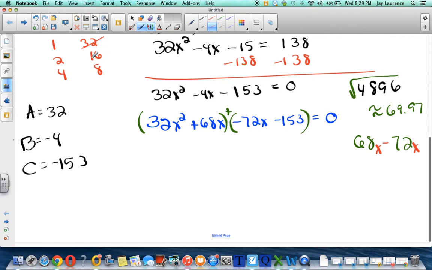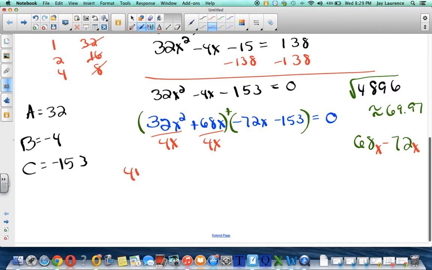No, 16 is not going to work. 8 shouldn't go into 68, 34. Wait, 8 does, doesn't it? 68 divided by 8. Nope, doesn't work evenly. That's what I thought. 4 is definitely going in, so my GCF must be a 4x.